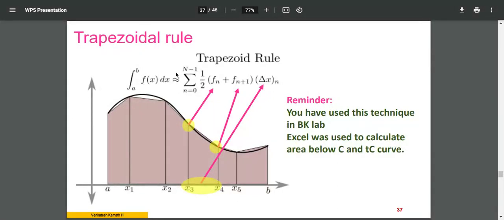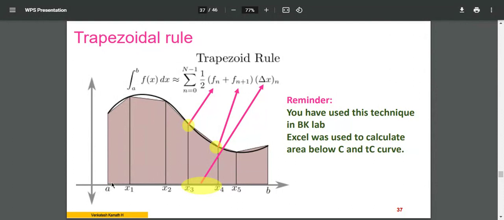Now, if you analyze it carefully, it is f of x into dx. In fact, it is the integral of f of x into dx. What does it mean? f of x is the y-axis value. dx is equivalently delta x, a small fraction of x.